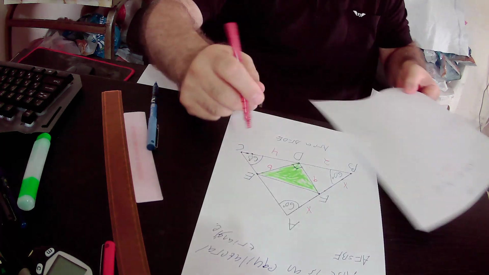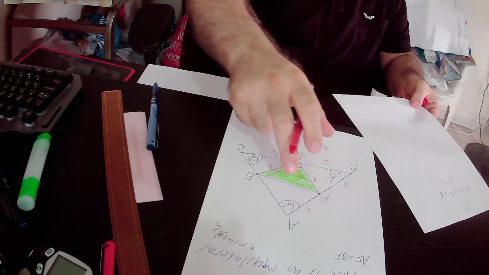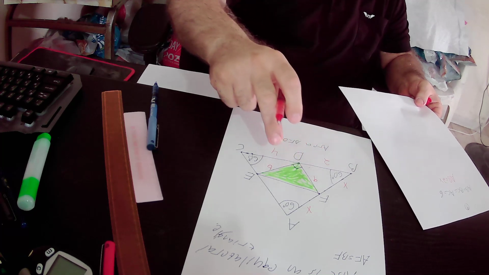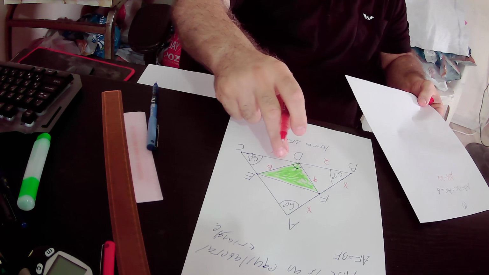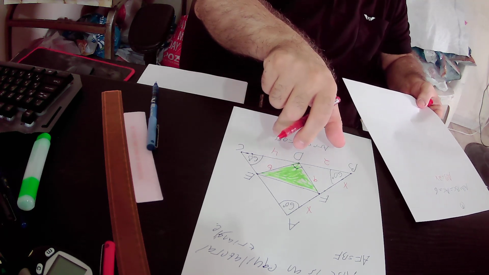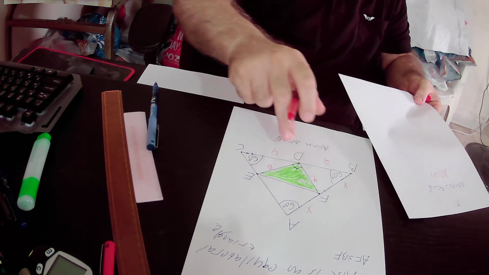But we know that AB equals 6 units because all the sides of the equilateral triangle ABC are equal to 6 units.